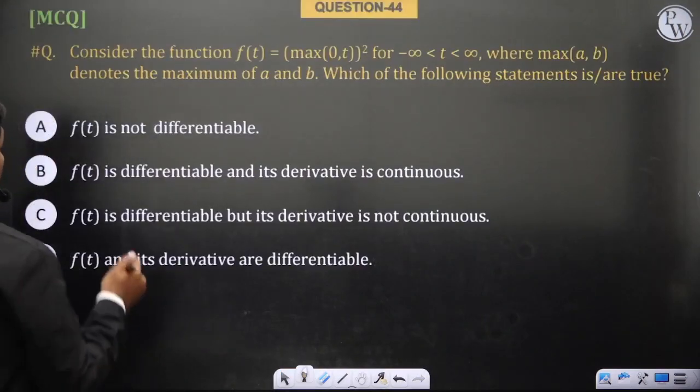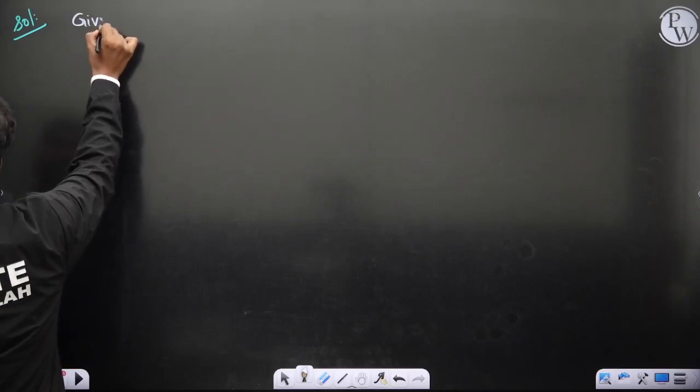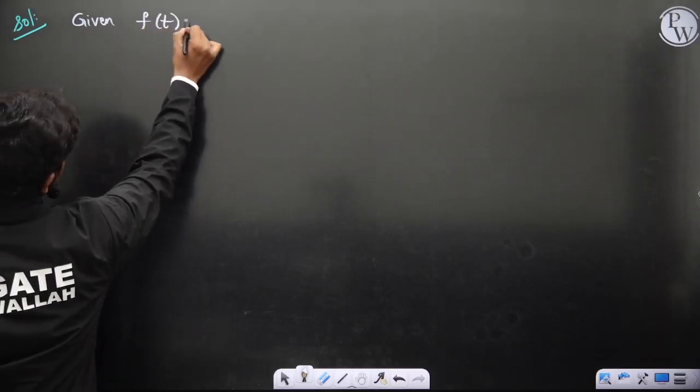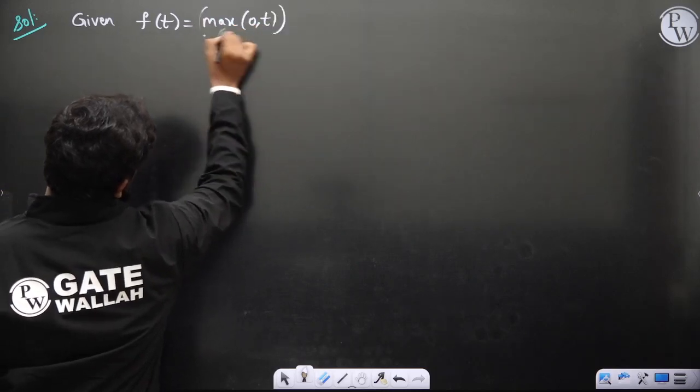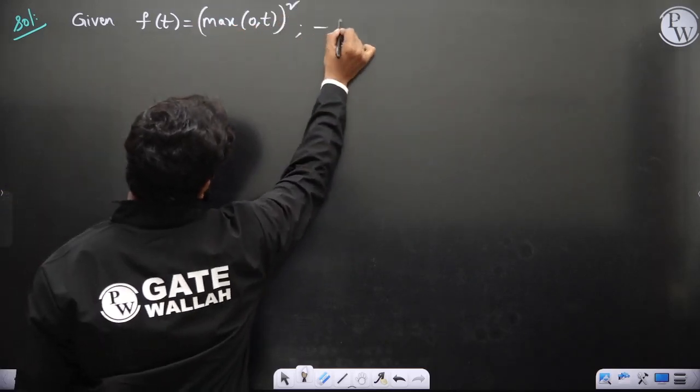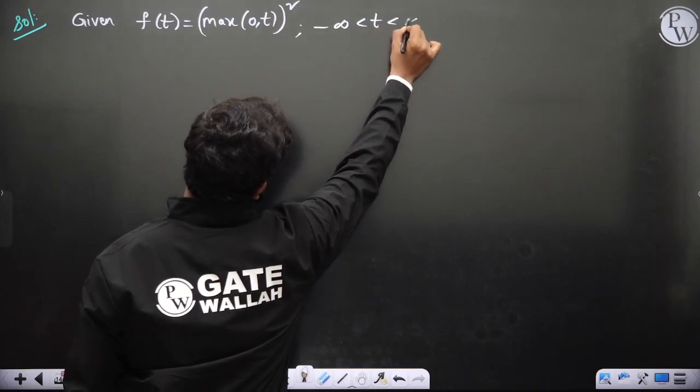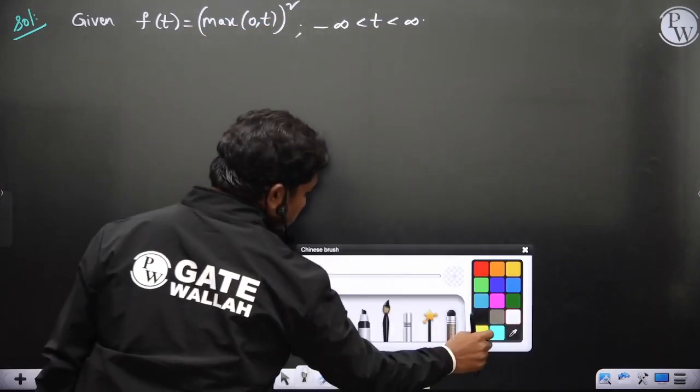f of t is given as the maximum of 0 comma t, squared, for minus infinity less than t less than infinity. First of all, let us try to resolve this function.